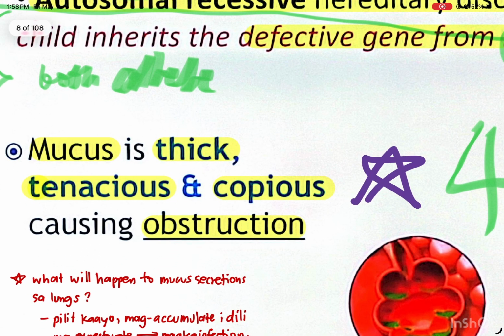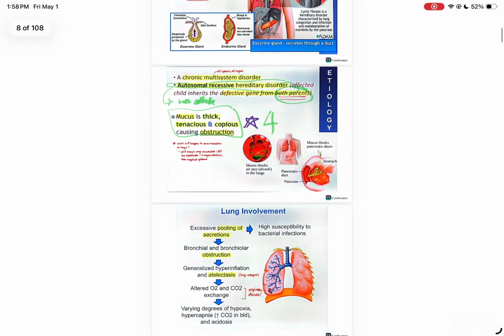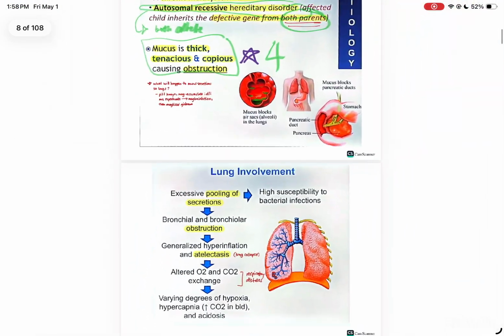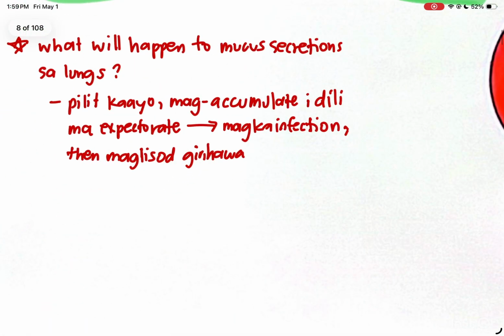Autosomal recessive means the child inherits the defective gene from both parents.